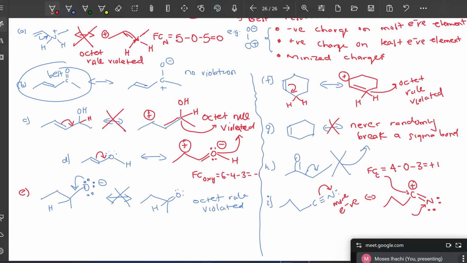That's why I put the positive charge on it. That's where the plus charge comes from. And then the nitrogen will be 5: 4 dots, 2 lines, negative. Still, this would be the best one because it has minimum charges. That's the most stable, most relevant. Minimized charges.